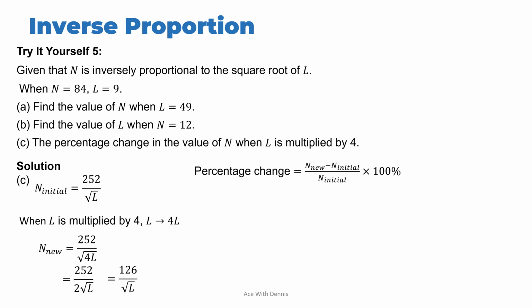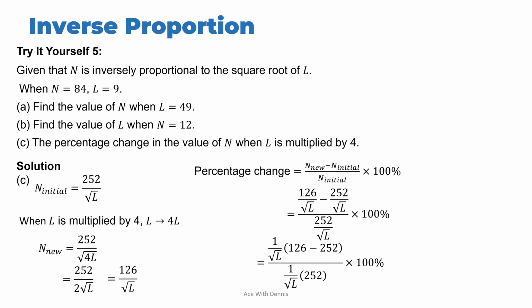Now, to calculate the percentage change, just apply the formula: the new value of n minus the initial value of n, divided by the initial value of n, times 100%. The new value of n is 126 over square root of L, minus the initial value of n, which is 252 over square root of L, and over the initial value of n, 252 over square root of L, times 100%.